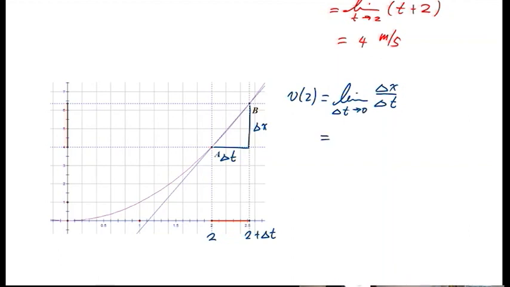But instead of calling this point t, it's just 2 plus delta t. How's that? So what we will have is limit of delta t approaching 0 of the denominator is this thingy minus this thingy, which is just delta t now, isn't it? Well, this was delta t here.